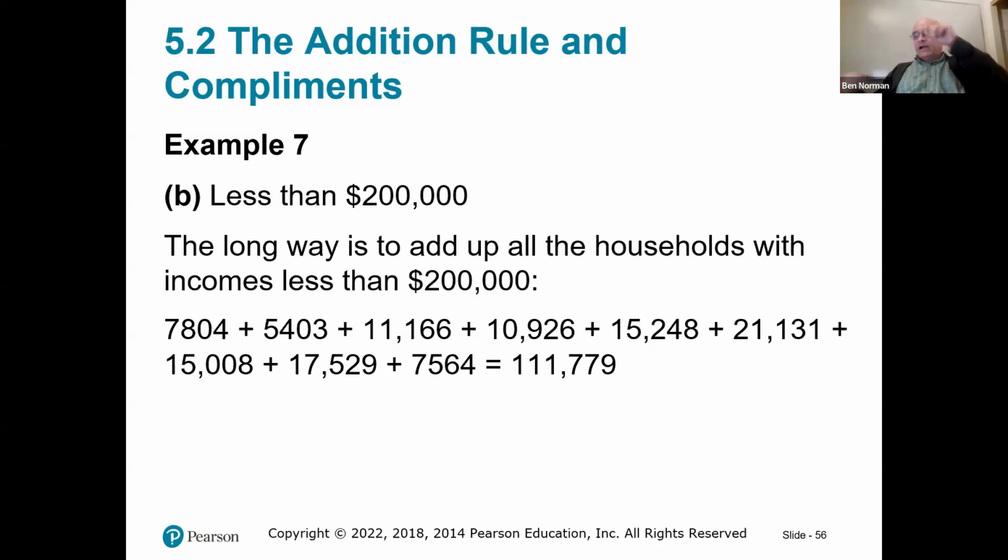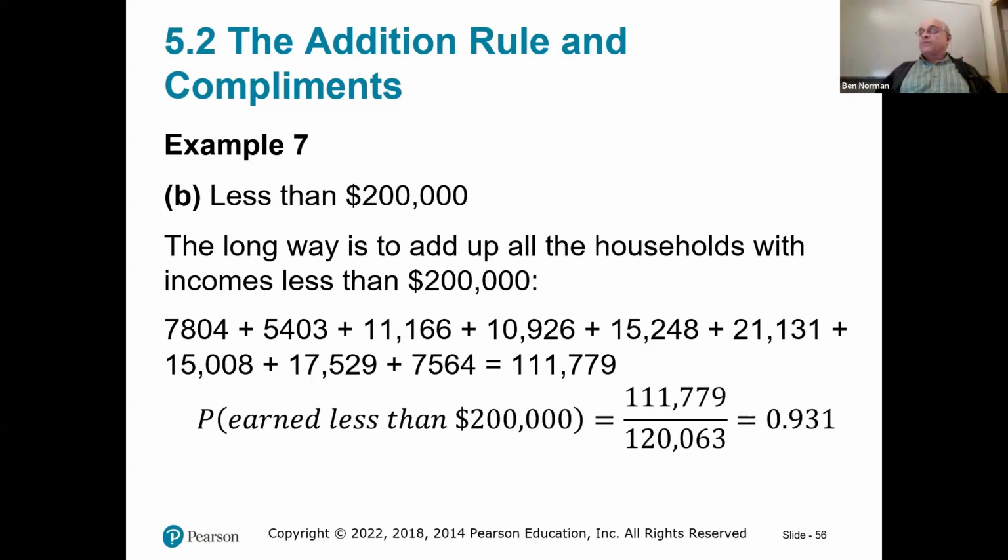Add them all up, we get 111,779. So the probability of earning less than 200,000 will be this 111,779 divided by 120,063 to give us 0.931.